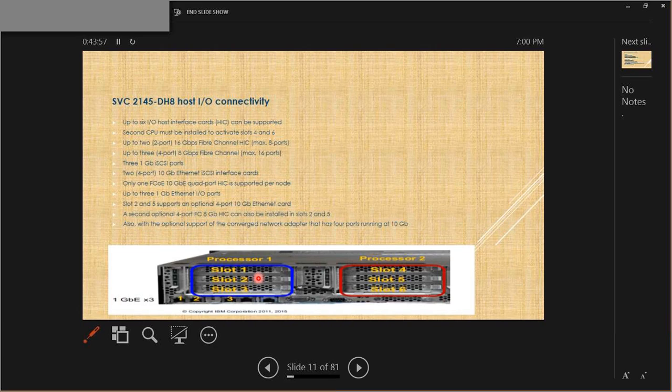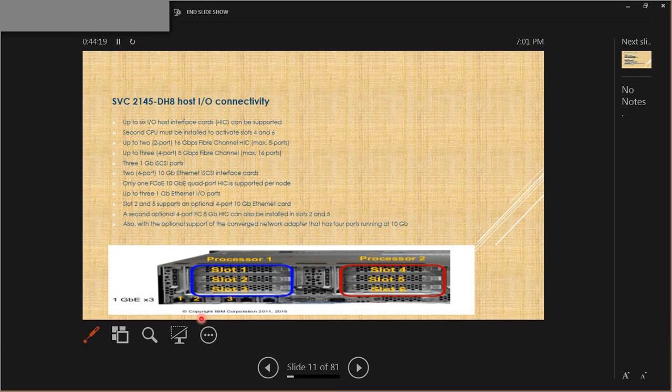Now, once it comes to 16 Gbps fiber channel connectivity, you can have a total of 2 host interface cards with 4 ports each. So it means you can have a total of 8 ports at 16 Gbps. Okay, in that case. Once it comes to I2V connectivity, as I told you before, the first 3 ports we were using for 1 Gbps.